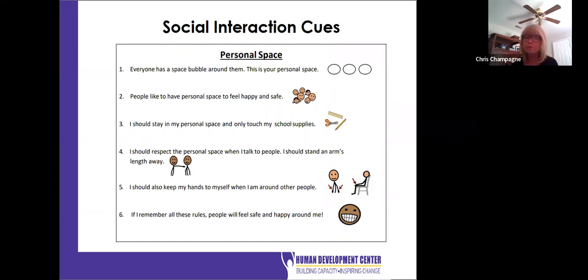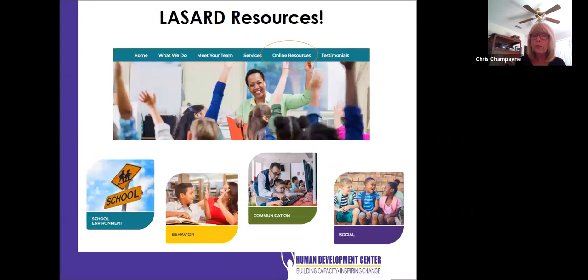So it's a way to explain social norms, to give them some concrete things that they can do, and then to explain to them the social significance, if you will, and give them some perspective about that behavior and what it's going to mean to the people around them. So those are just some quick ideas for visual cues.